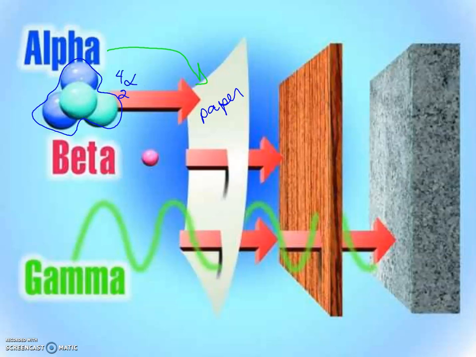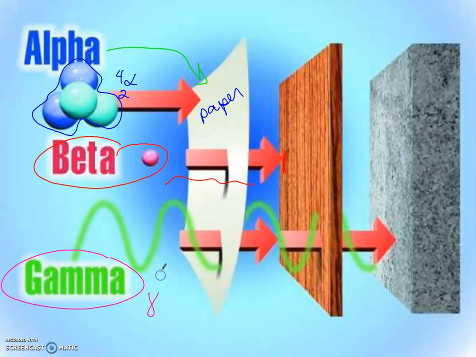A beta particle, on the other hand, is a lot smaller, so it can fit through paper, but it would be protected by wood. And then lastly, we end up having our gamma particles, which are so small that they can go through the wood and the paper and have to be stopped by concrete.